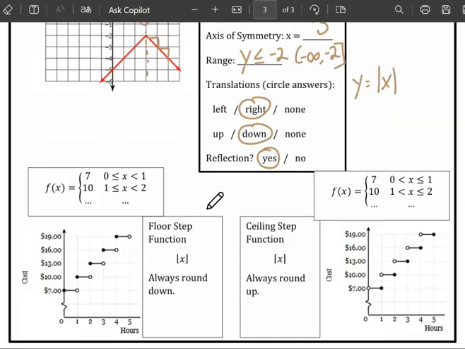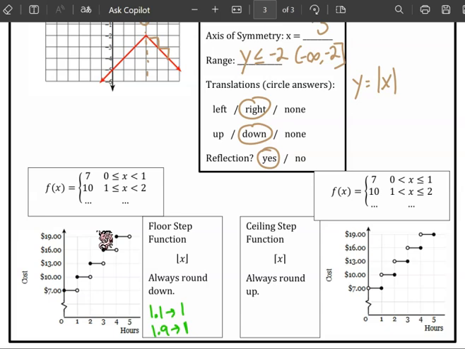Here are some other special piecewise functions. We have the floor step function. For that one, you always round down. So for example, 1.1 would be 1, 1.9 would also be 1. And that function would look like this.